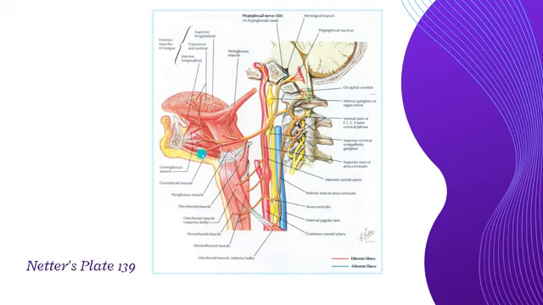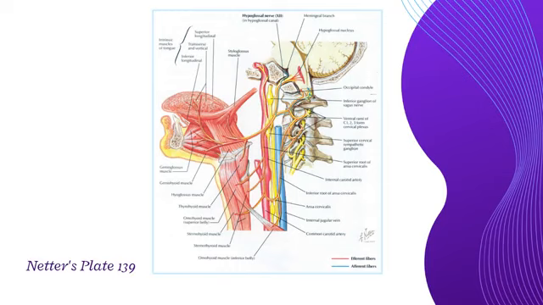Now, when we talk about a lesion of the hypoglossal nerve, you will get paralysis of the tongue muscles on the side of the lesion. So if you have a patient stick their tongue out and the tongue deviates towards the left side, then the lesion is on the left. And you also could look at the tongue to see if you have muscle atrophy on that side.